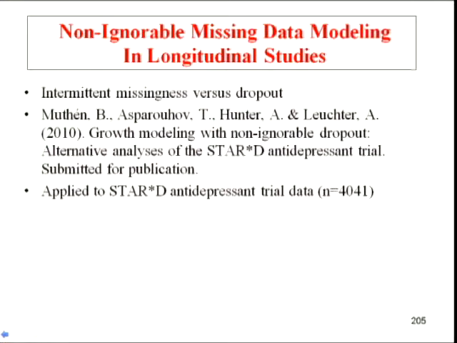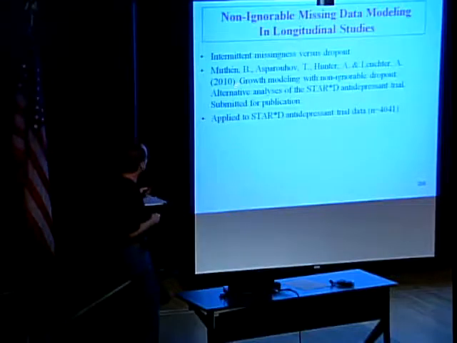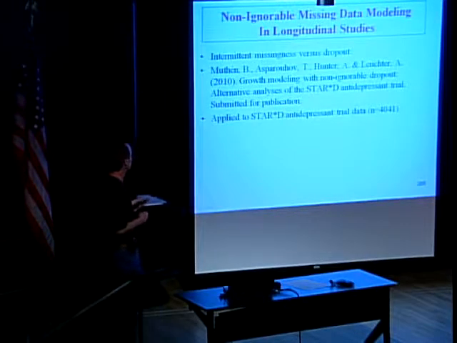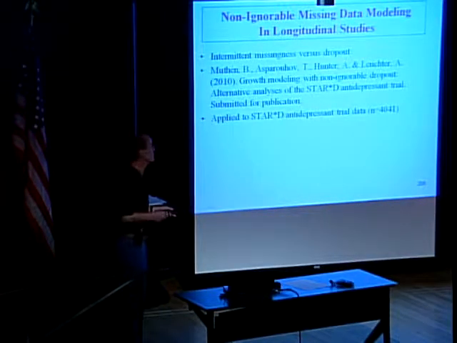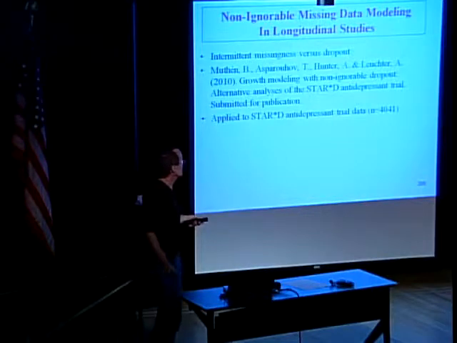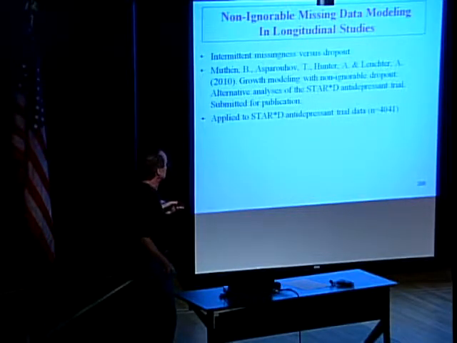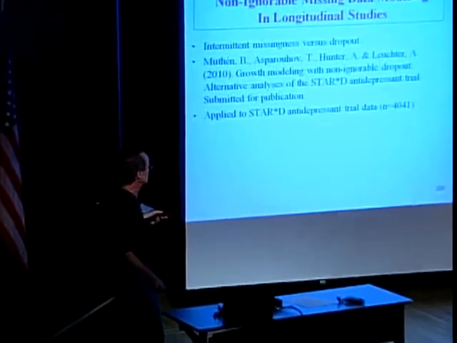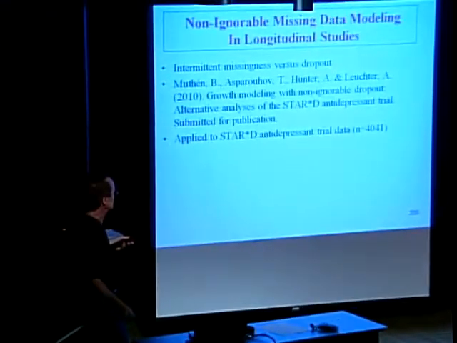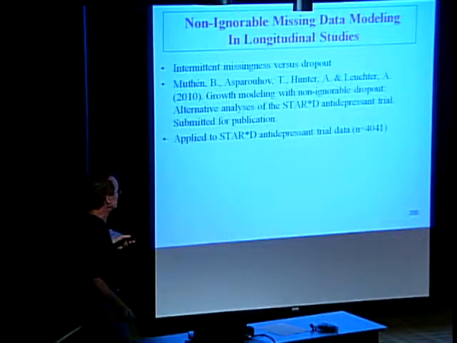So in this new paper that I submitted, we try various kinds of NMAR alternatives to the MAR modeling for an antidepressant trial. We have here one of the largest antidepressant trials, I think maybe the largest in the US, 4,000 individuals, STAR*D, NIMH supported, multi-site, where subjects are treated with the antidepressant citalopram.